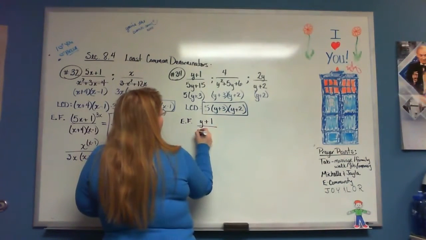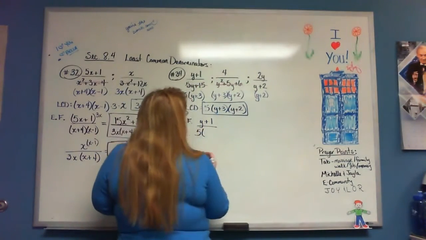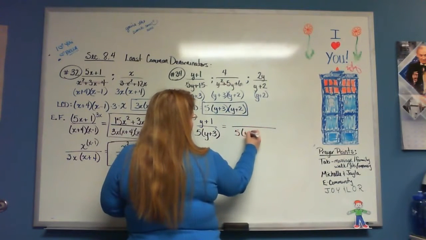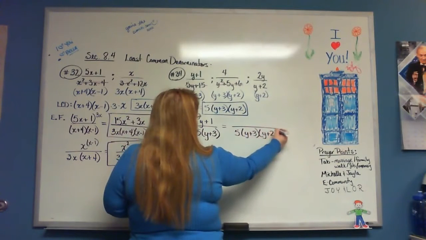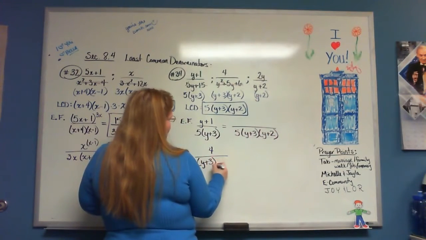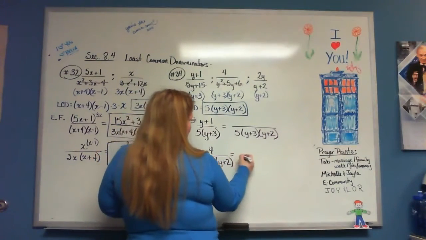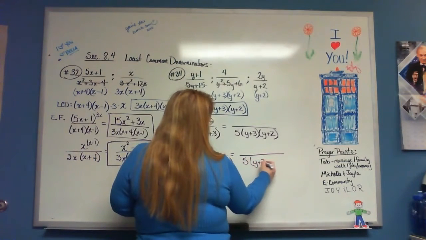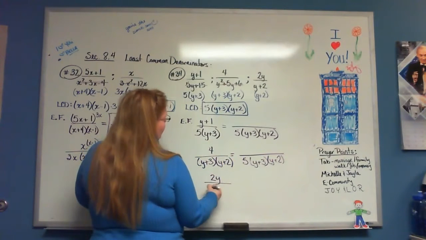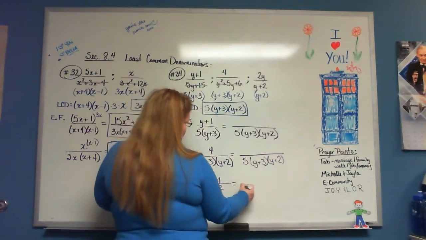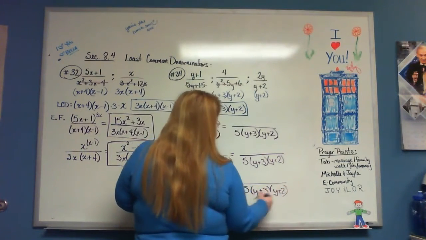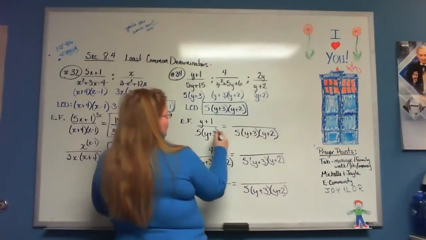So y plus 1 over 5 times y plus 3 becomes, and then 4 over y plus 3, y plus 2 has to become, and then 2y over y plus 2 has to become up here. What I'm missing is the y plus 2.